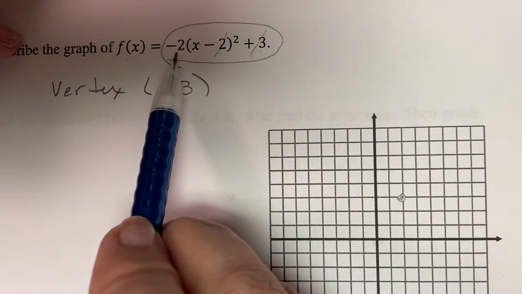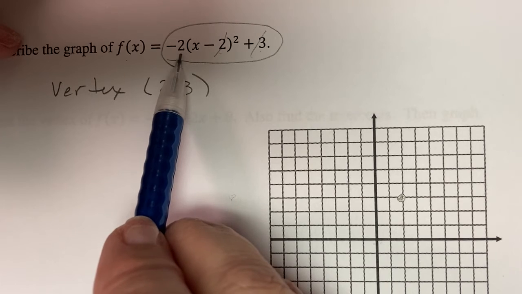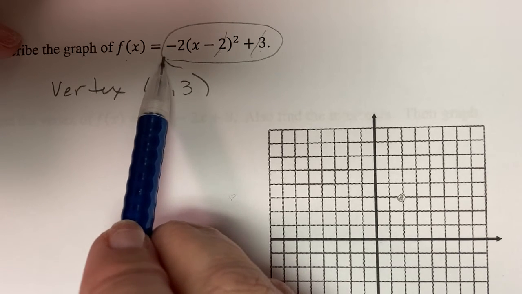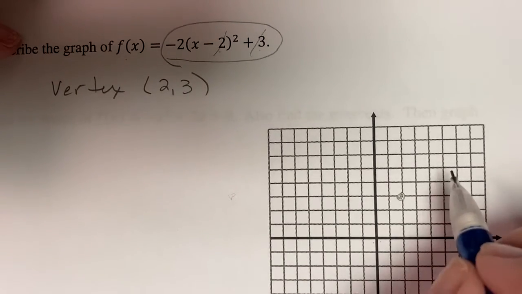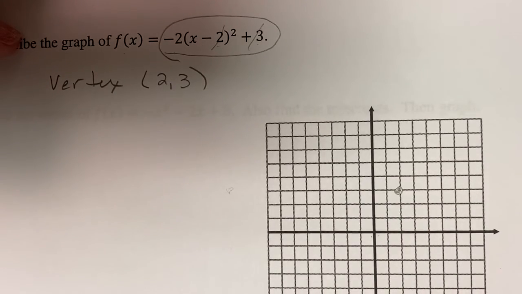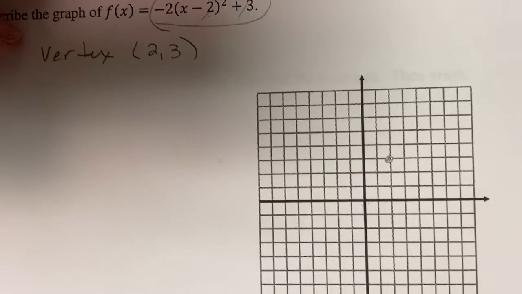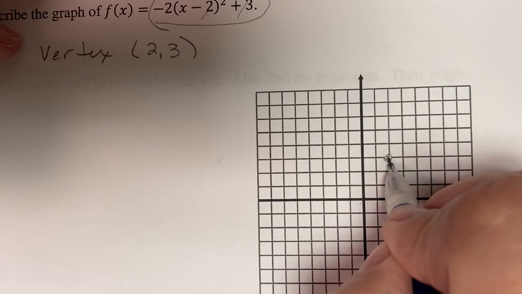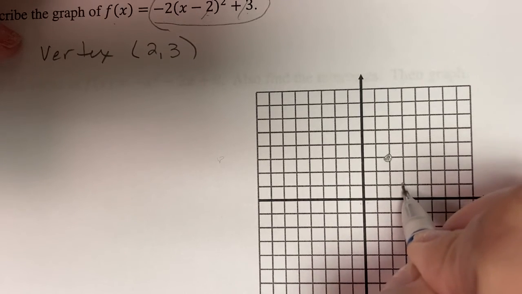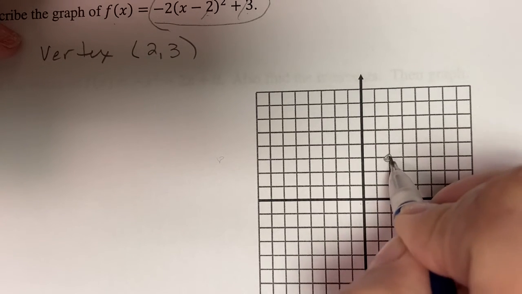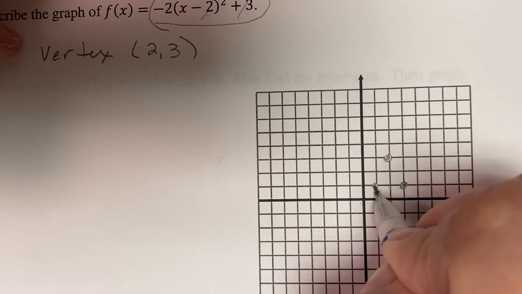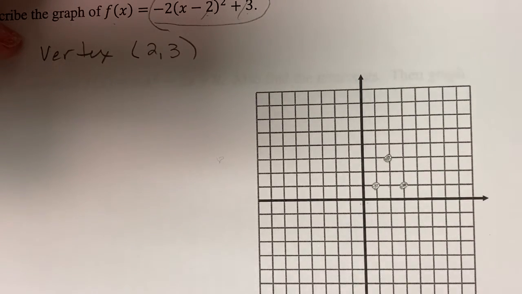Now, what does the negative 2 do? Well, the 2 is going to make it skinnier. The negative will turn it upside down. So we could use a chart if we wanted to, or we could just realize that if I, from this vertex, go to the right one, I'm going to go down 2. And if I go to the left one, I'm going to go down 2.